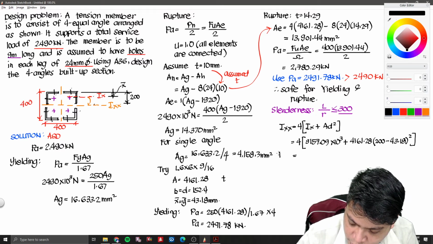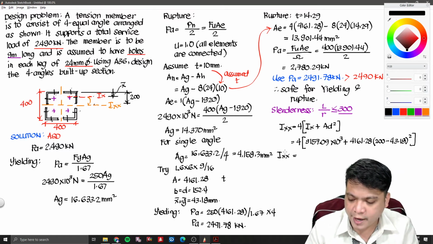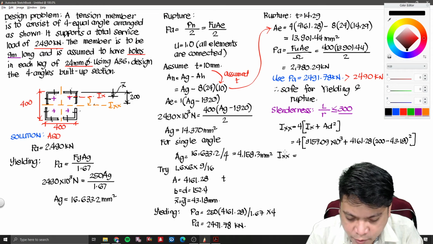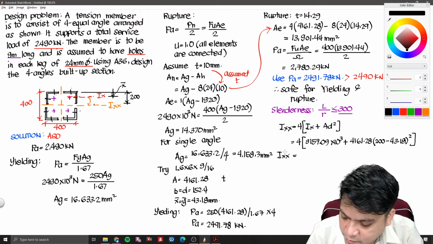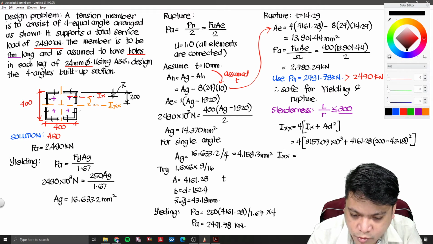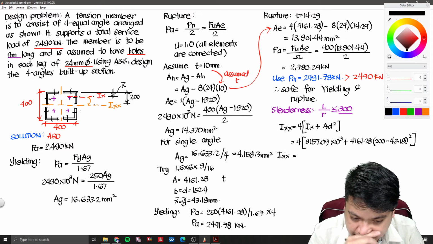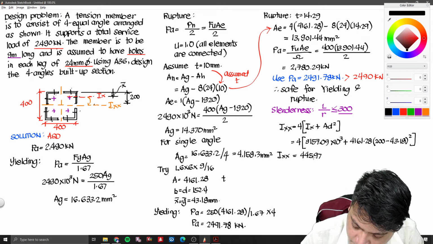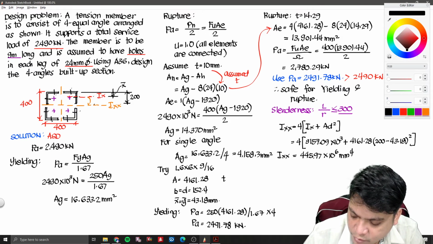So this is now your IXX: 4 multiplied by 9157.09 times 10 to the 3 plus 4161.28 multiplied by (200 minus 43.18) squared. That is equal to 445.97 times 10 to the 6 mm to the 4.